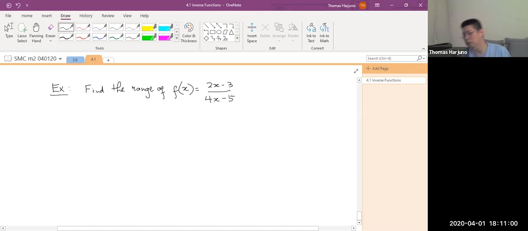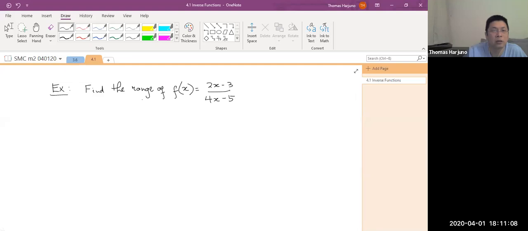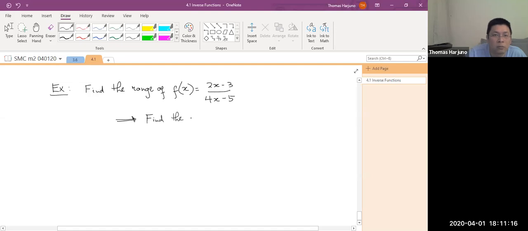Now, one way is to graph this very, very accurately to find the range. Another way is to find the domain of the inverse function, right?